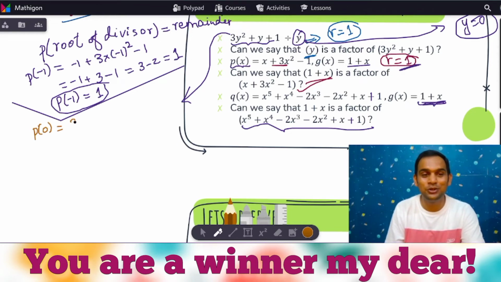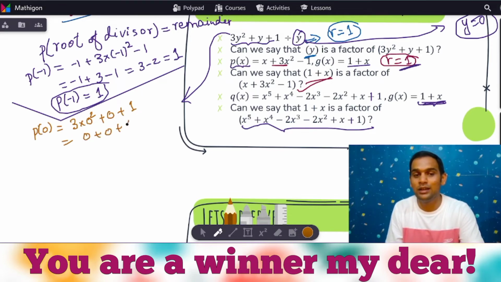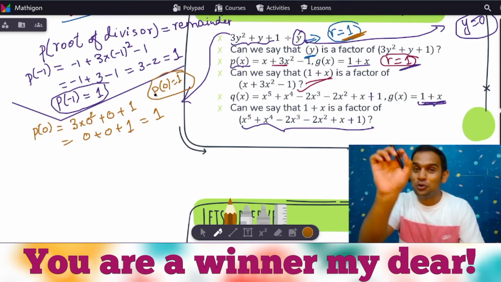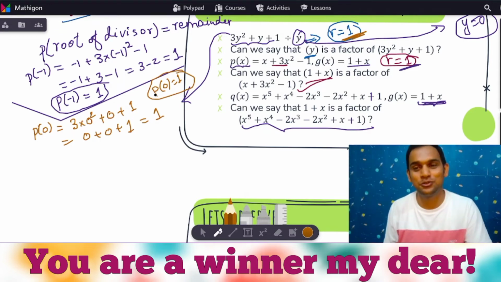So p of 0 is 3 times 0 squared plus 0 plus 1. So 3 times 0 is 0, 0 plus 0 plus 1, we get plus 1. Again, the remainder was plus 1, and p of 0 is also plus 1. Yes or no? So what do we observe once again? That p of the root of the divisor is equal to the remainder.